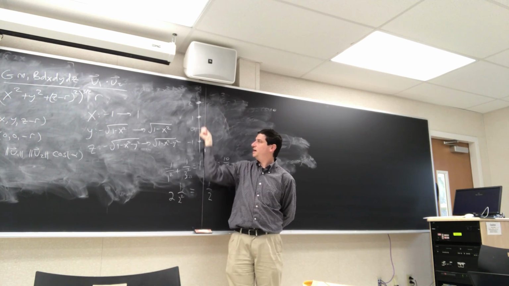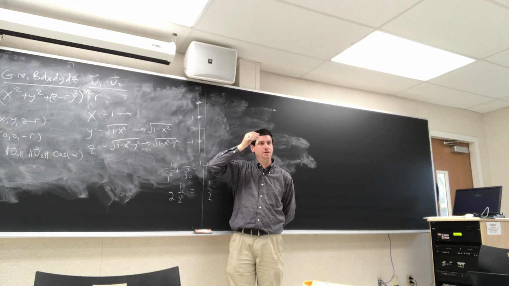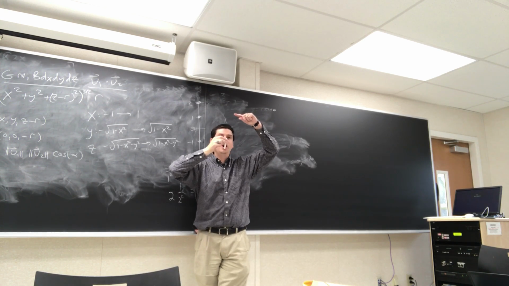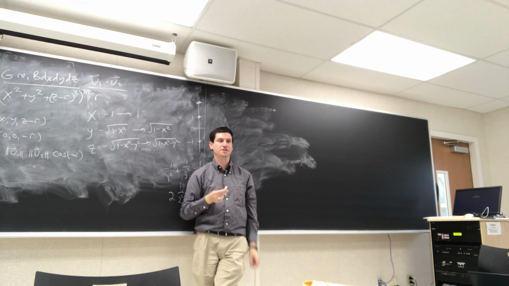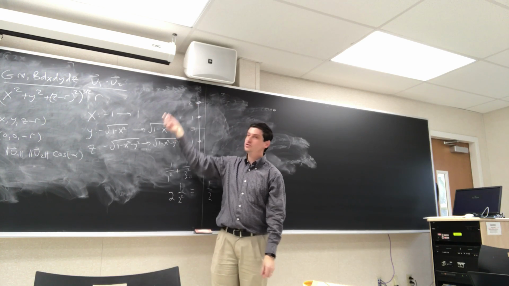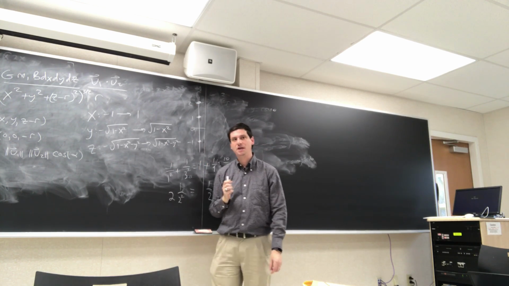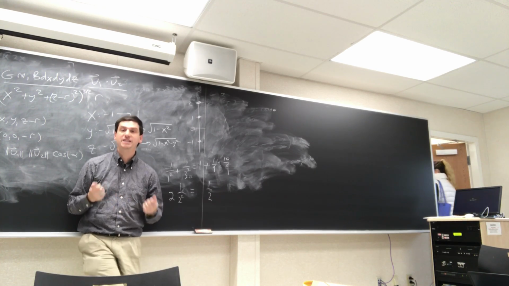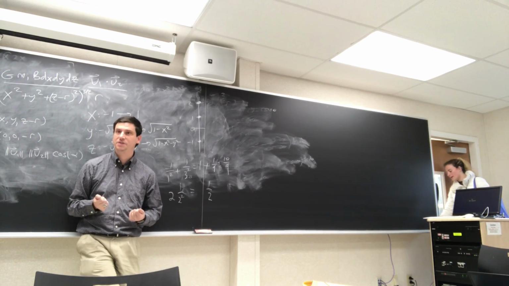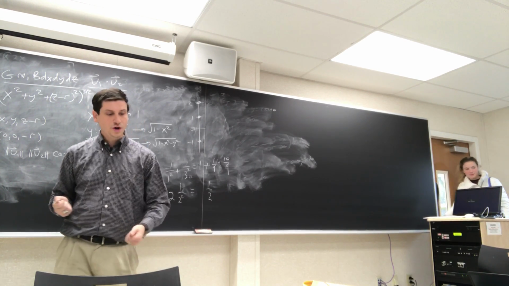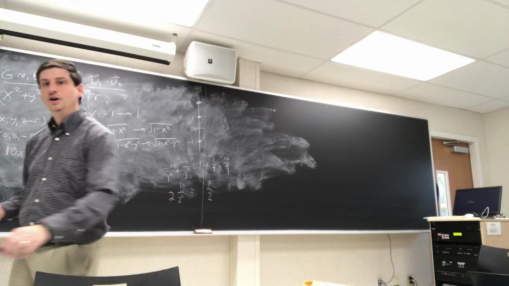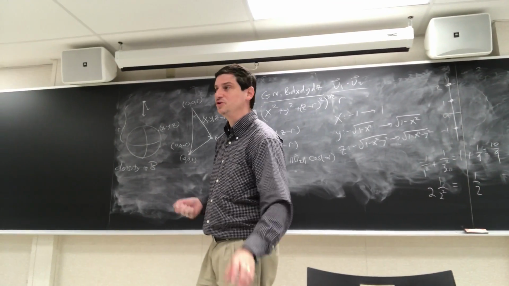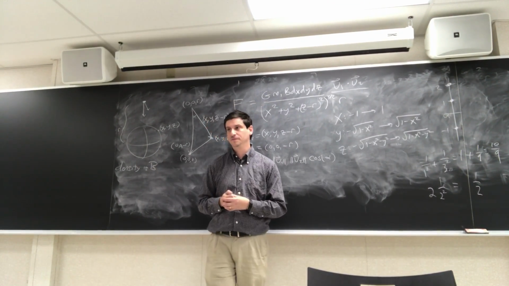So if I just had a rod, and I had an object above the rod, it is not the same as if all the mass of the rod is at the center. If you had a circular ring, it's not the same as if all the mass was at the center. But spin the circle and have a sphere, yes, it is the same as if all the mass was at the center. So what's wonderful about this is that for the problems that we care about in three-dimensional space, it all works out.